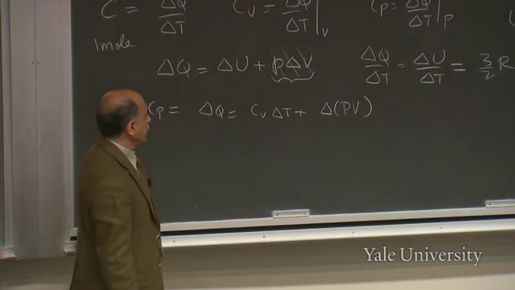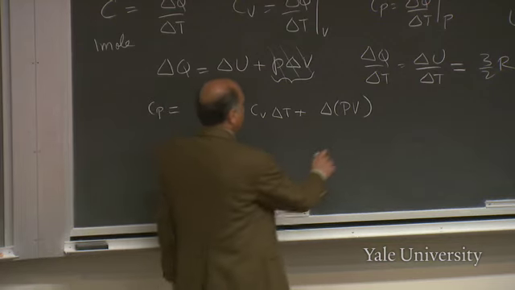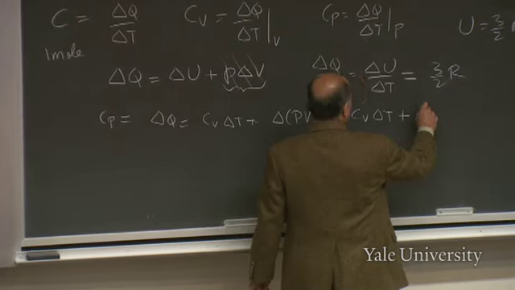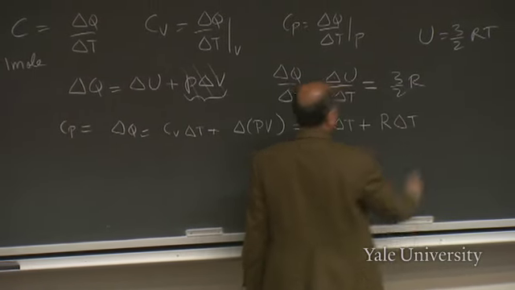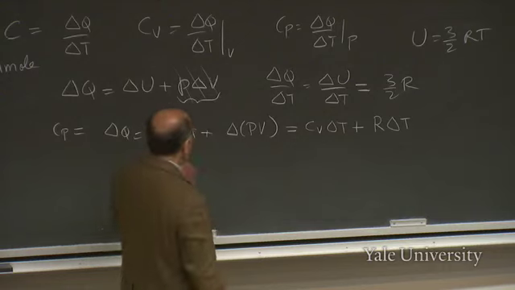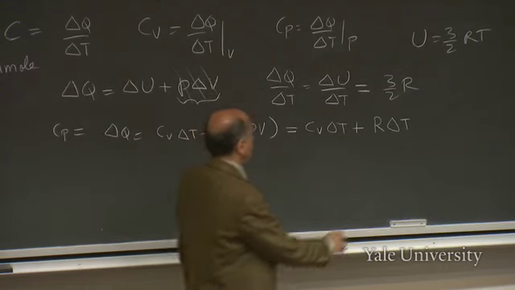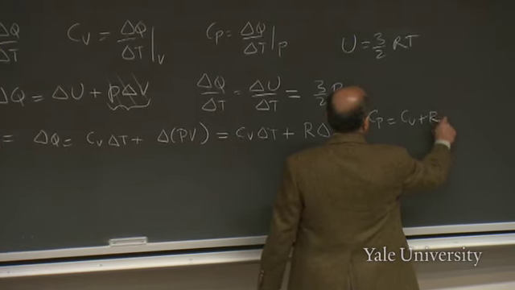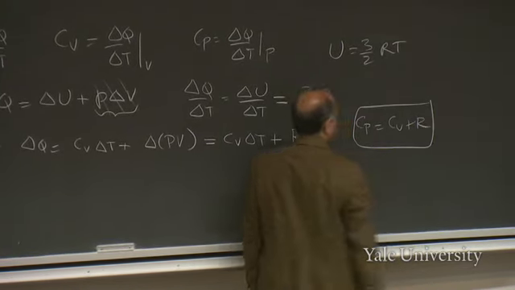If P is a constant, the change in PV is the same as P times change in V. But PV equals RT. So it's Cv delta T plus R delta T. If you divide every side by delta T and take delta Q over delta T, then Cp will be Cv plus R, and that's a very famous formula.